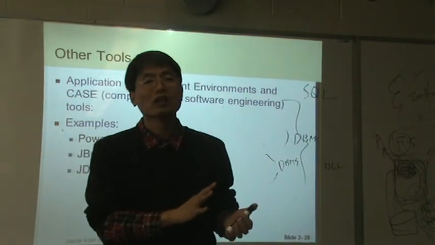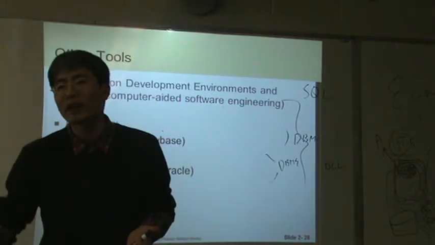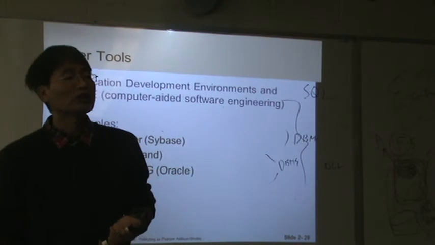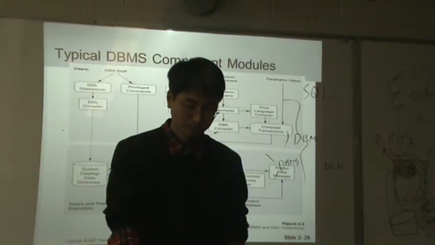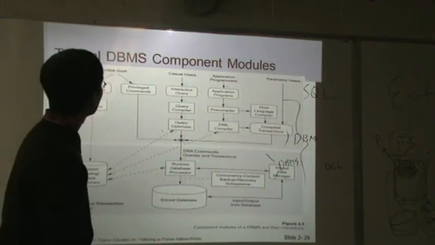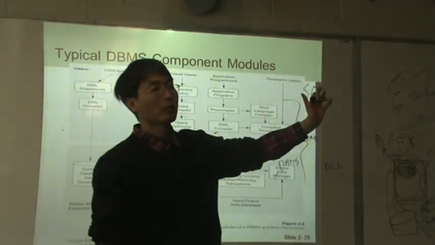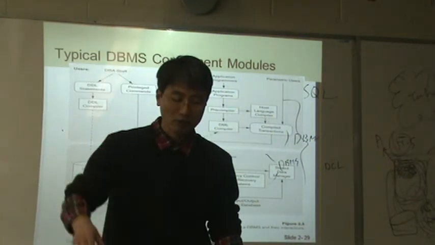For example, Oracle is not just a DBMS right now; it has data mining and business tools, and SAP provides business components and so on. So this is the typical DBMS component module. We will discuss each component a little more in the second part of the semester.